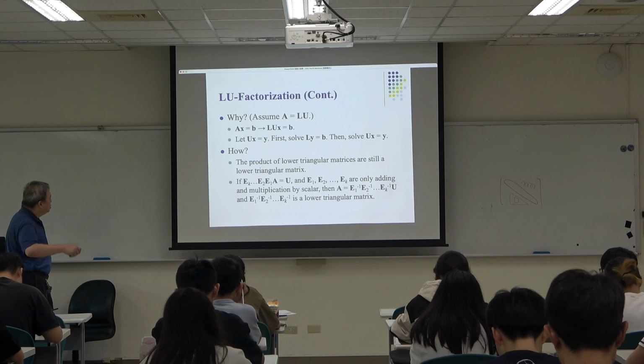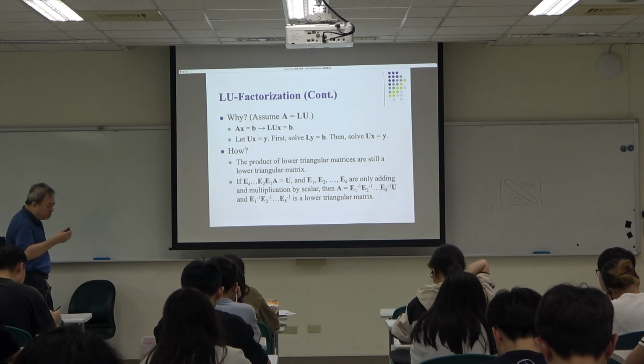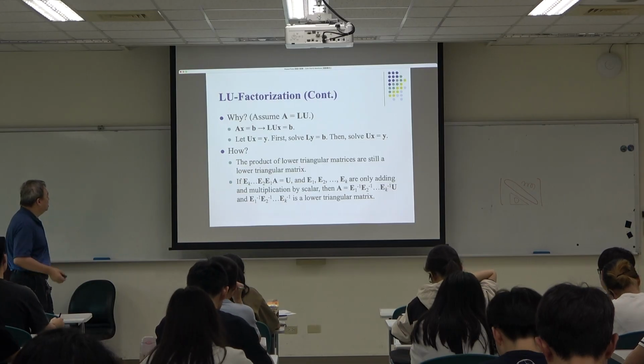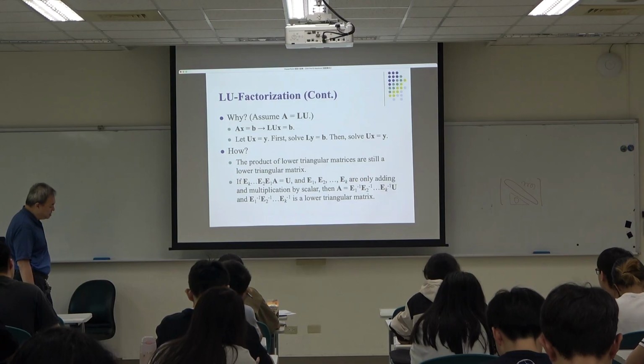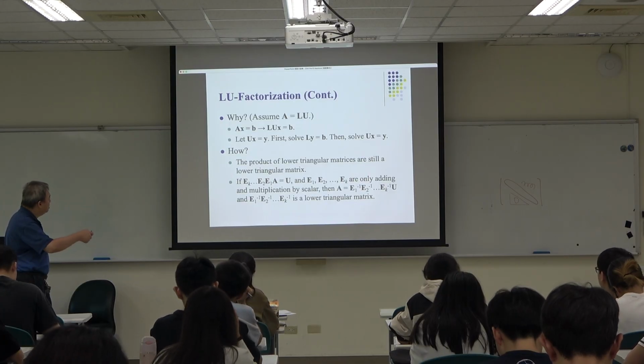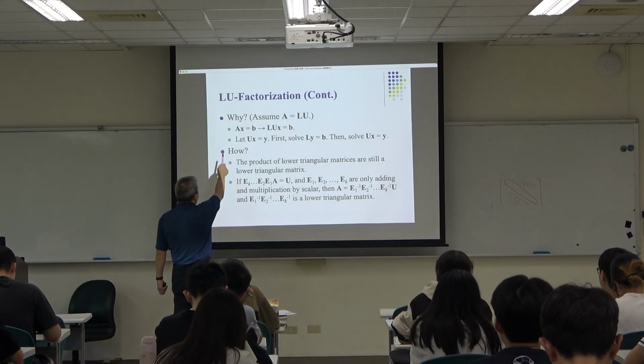Assume you are using a square matrix to solve a system of linear equations. So it's going to be AX equal to B, right?